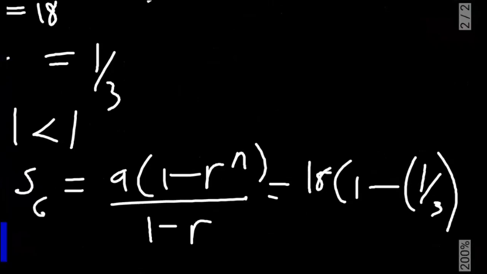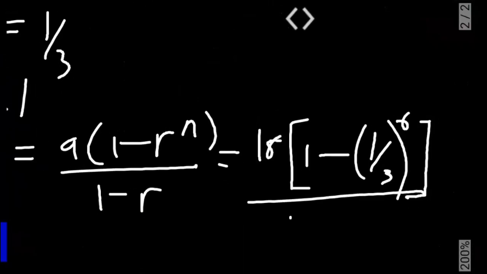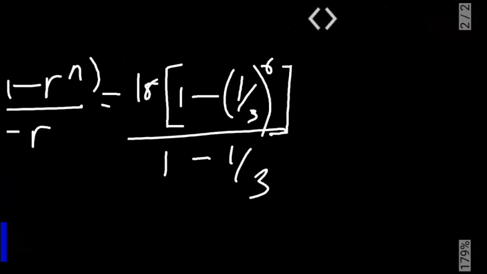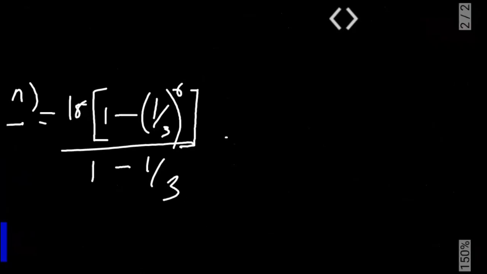So we have raised to the power of 6. Let me change this bracket. Over 1 minus 1 over 3. So you should be careful here. If we are to solve this, we would have 18 times 1 minus 1 over 3 raised to the power of 6.